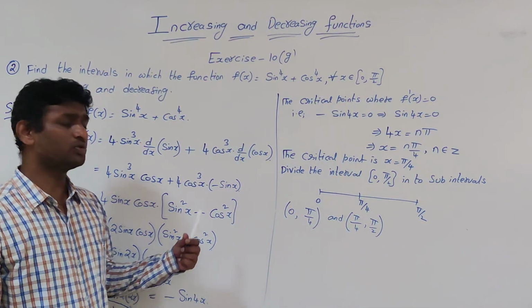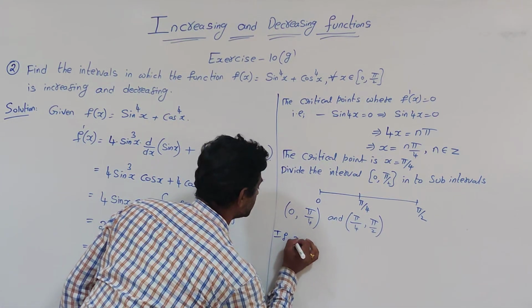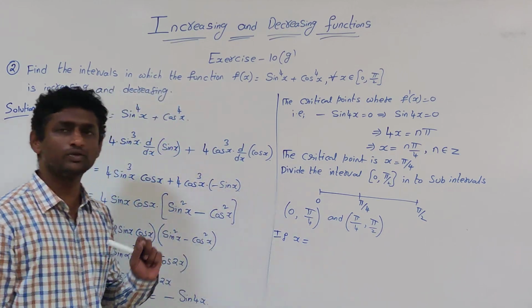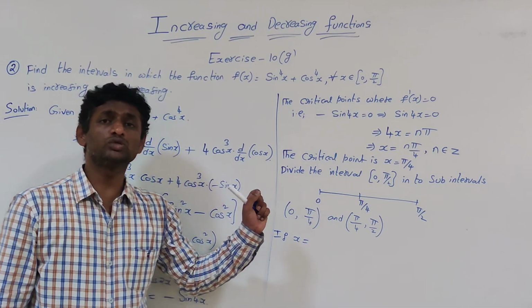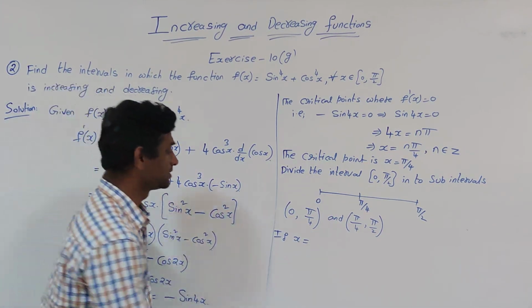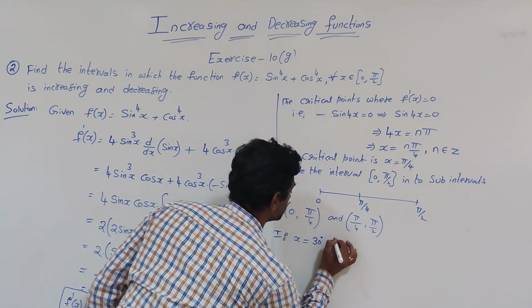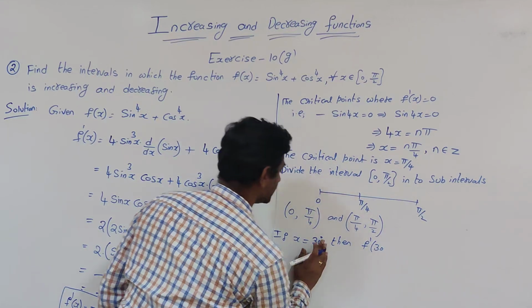Now we have to check the sign. If x is equal to any value between 0 to pi by 4, pi by 4 means 45 degrees. Choose any angle between 0 to 45 degrees. So I choose 30 degrees, or pi by 6.